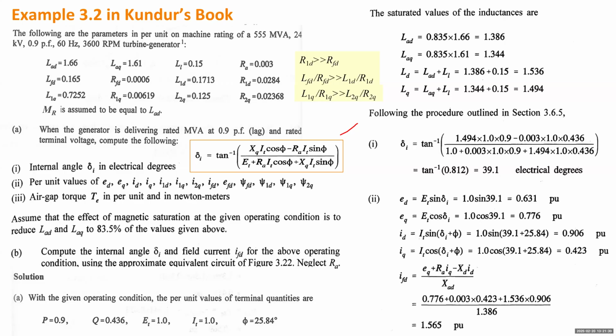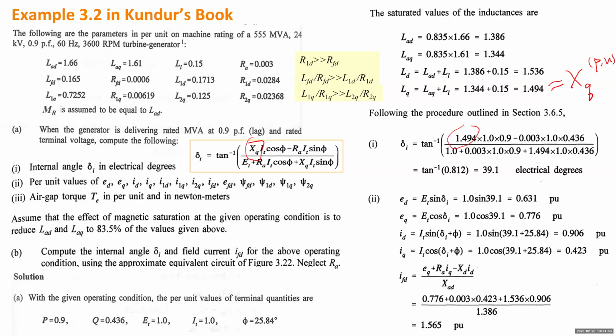We assume frequency to be 1 for steady state and 60 Hertz. So this guy is also same as EQ, SQ in per unit. So in the formula, we use SQ.